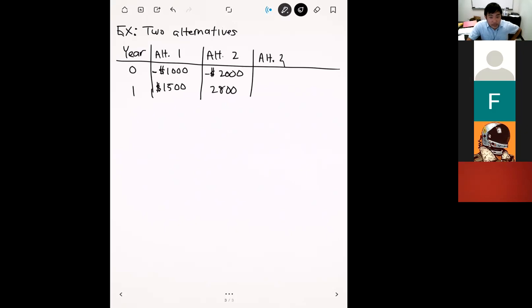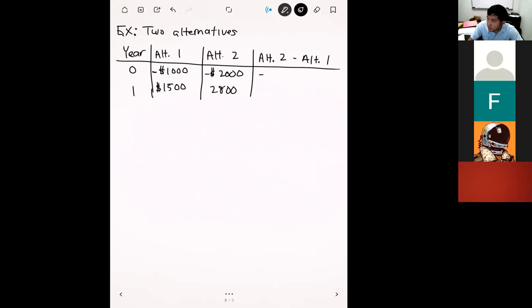All right. And so in addition to that, we're going to take the difference between these two. We're going to take the difference between the higher cost option and the lower cost one. And so the higher cost option in this case is alternative 2, right? Because that one costs more upfront. That one costs $2,000. And we're going to subtract alternative 1. We're going to do this basically across all the rows. So we do that across the first row.